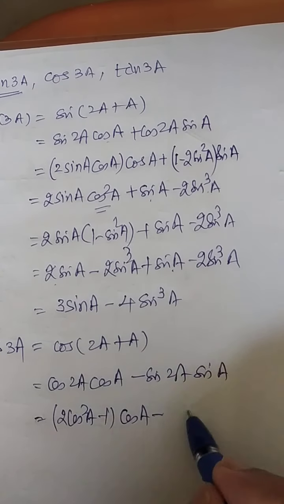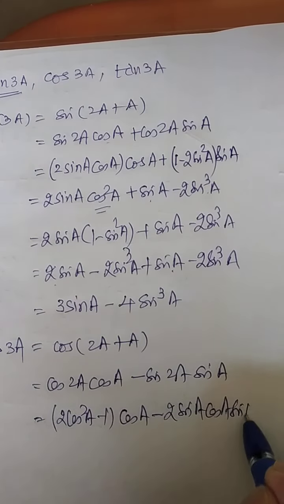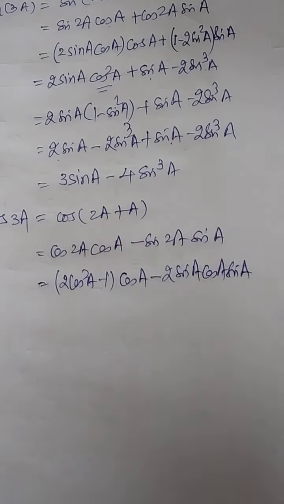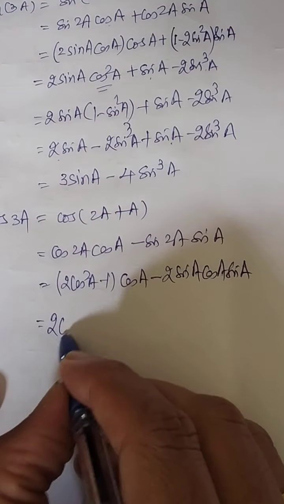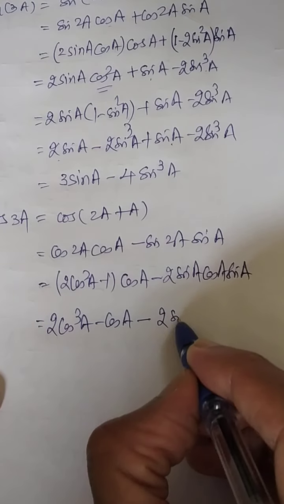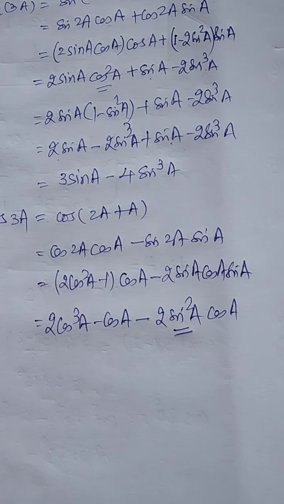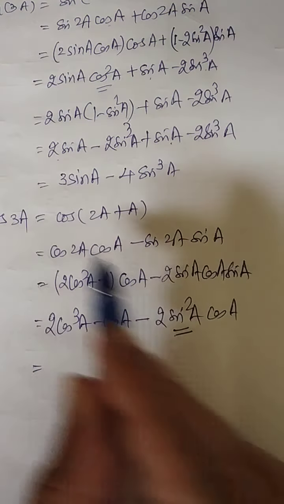Sin 2a has one formula, 2 sin a cos a, and sin a as it is. Now it will be 2 cos cube a minus cos a minus 2 sin square a into cos a. Sin square I don't want. Do you know why? Correct, because we are trying for cos.